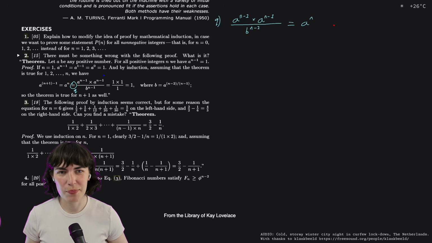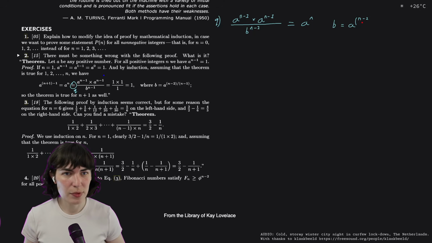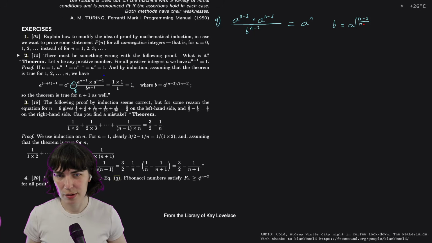So b is a, and then I'm going to put this slightly differently, a^(n-2) over a^(n-1).